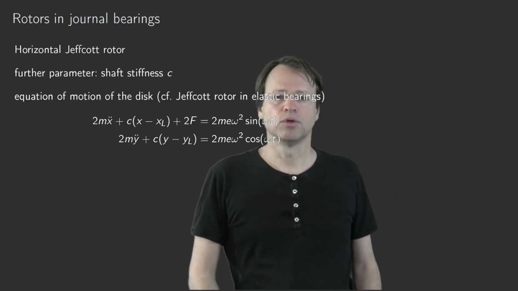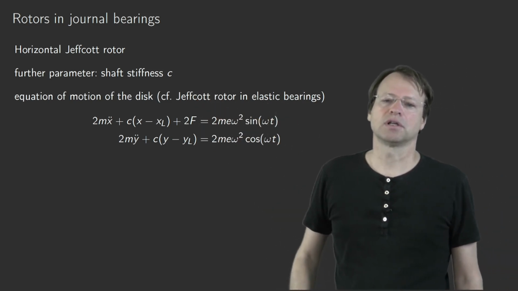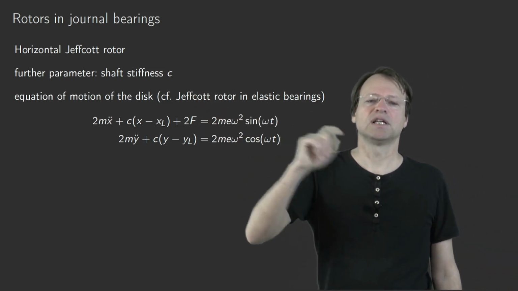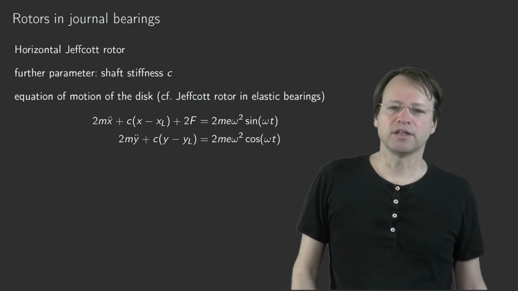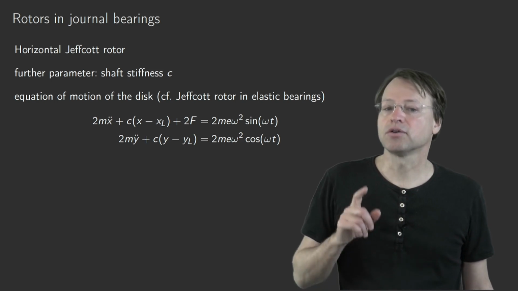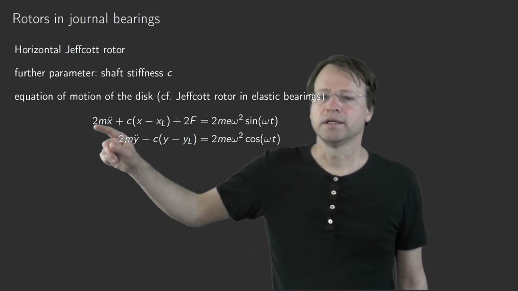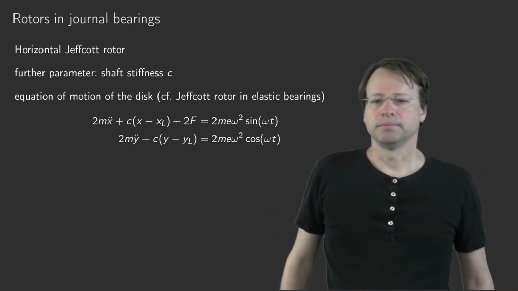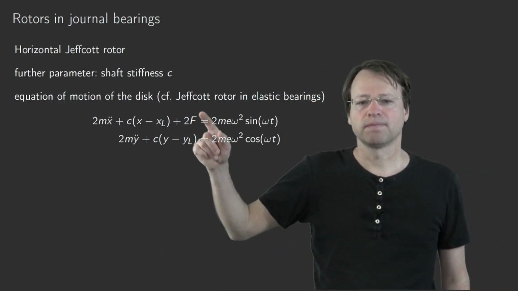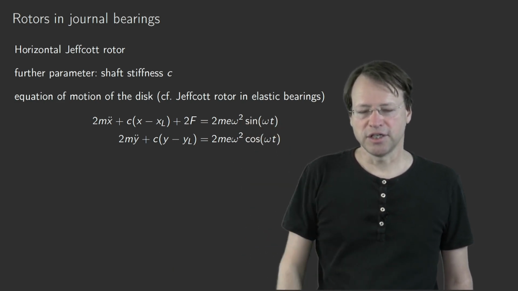The equations of motion have to be modified. You can compare this to the classical Jeffcott rotor, but in elastic bearings. So we have two sets of equations. The first set is the set of equations we also obtained for the rigid rotor, composed of the inertial forces, gravity, and the imbalance excitation.